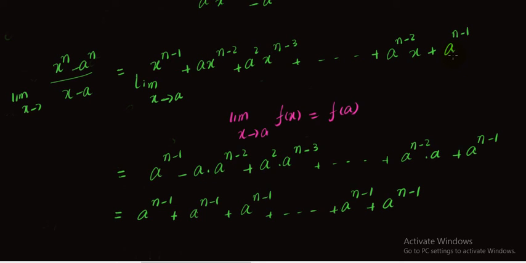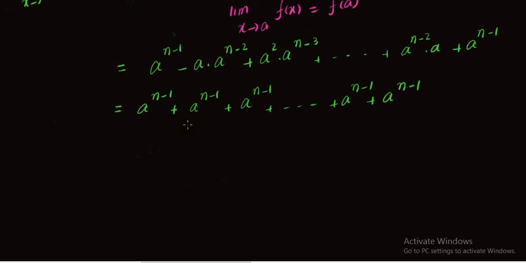So, there are a total of n terms here. So, we can write this is equal to n times a^(n-1), that is, limit x approaches to a, (x^n - a^n) upon (x - a) is equal to n a^(n-1).